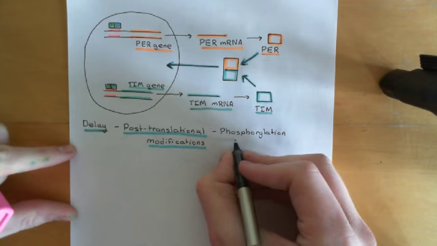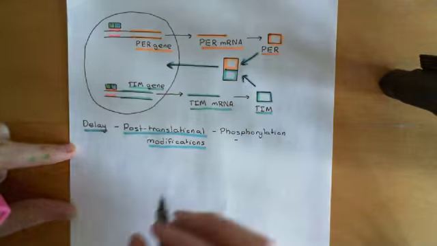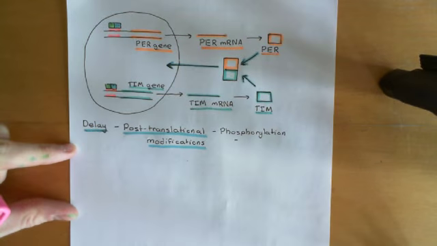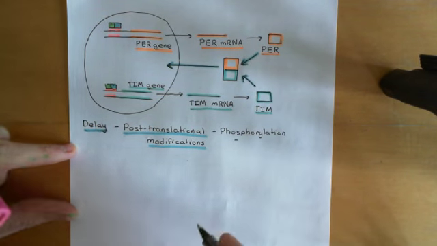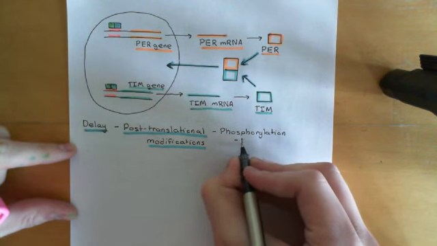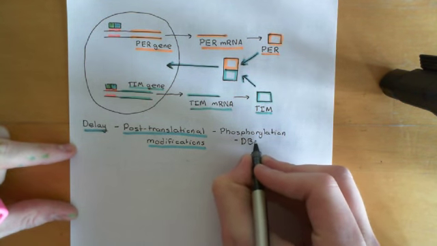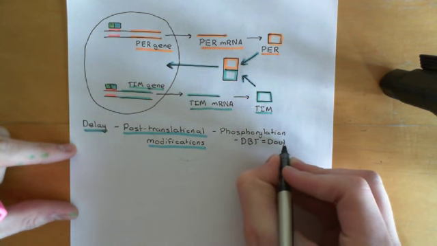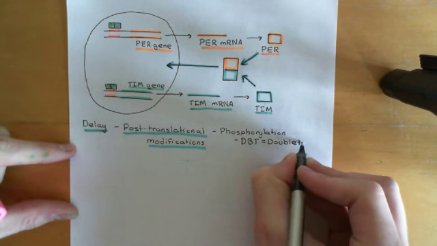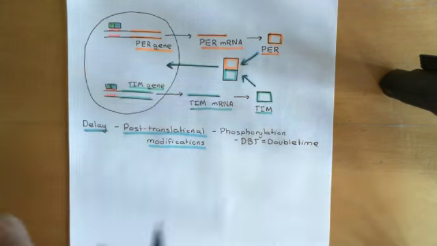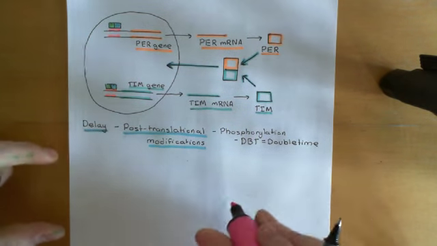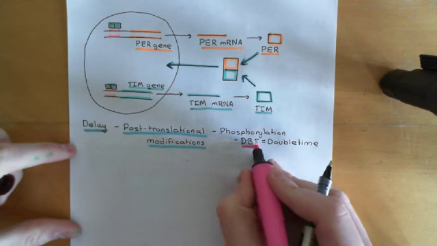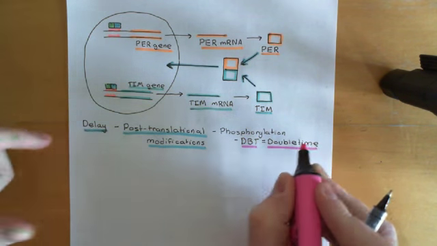Some important enzymes then that are involved in these post-translational modifications which are causing this delay are, for instance, an enzyme called double time, which for short is abbreviated down to DBT. So this stands for double time. And this enzyme is involved in phosphorylating the period protein.